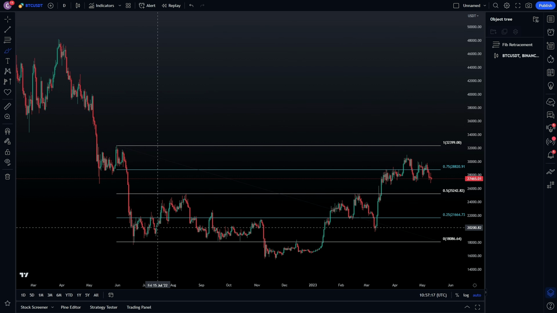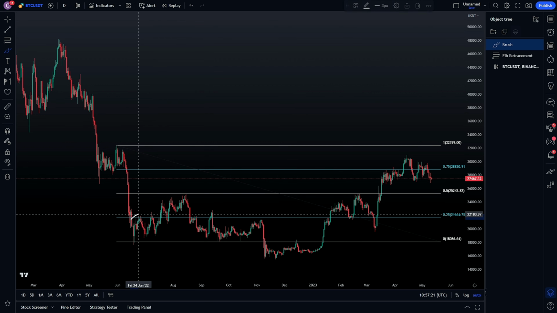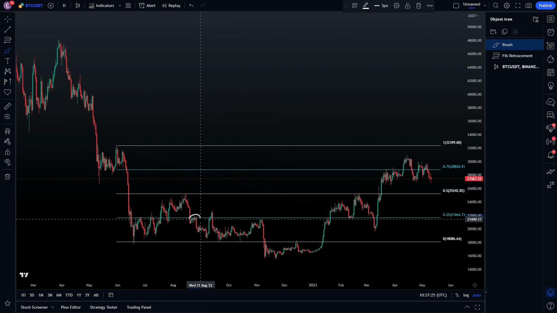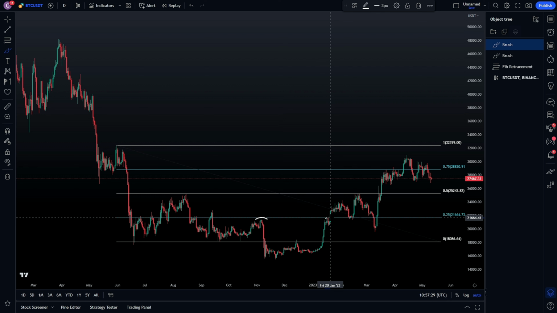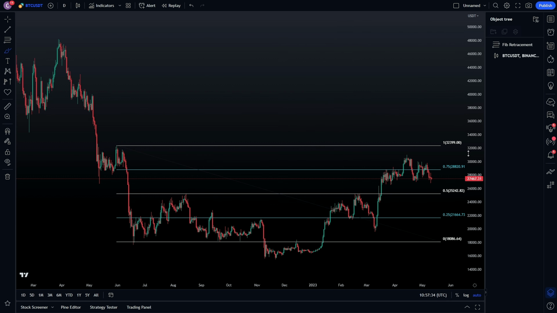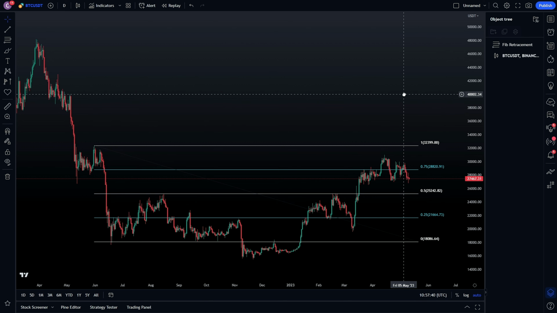At the bottom of the quarterly level, around the 0.25 level of this range, we can see huge respect all the time for that quarterly level. So many times it was acting as perfect support and resistance for the Bitcoin price, and that is exactly validating our range.